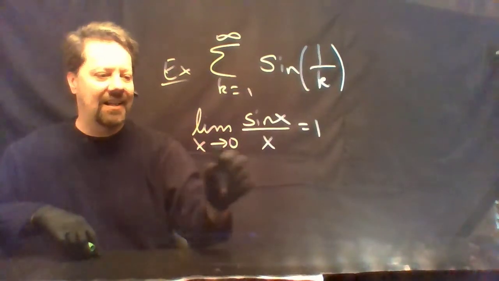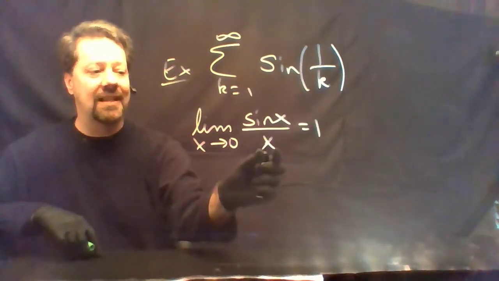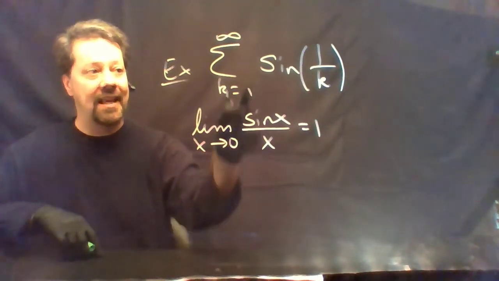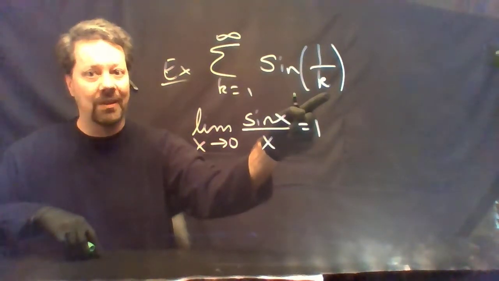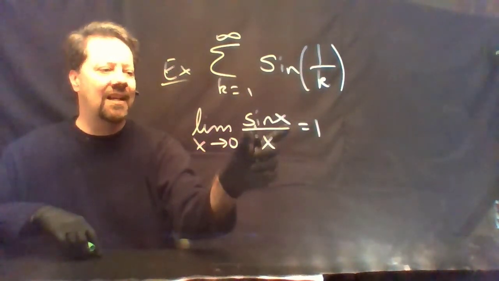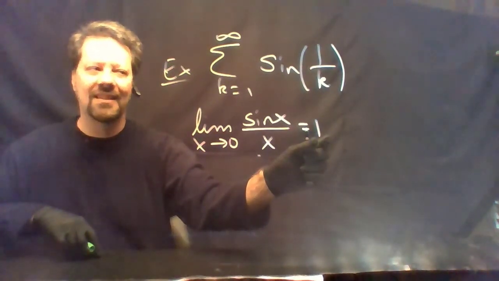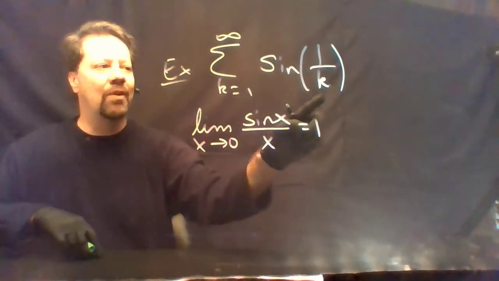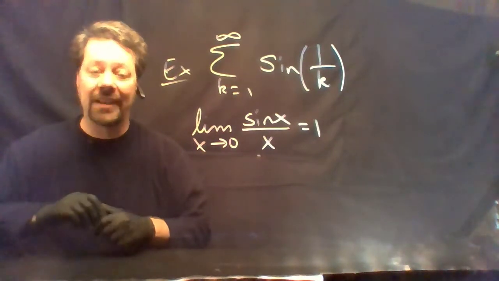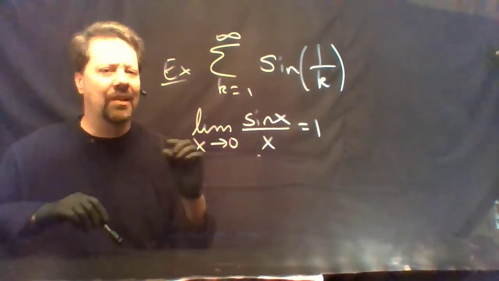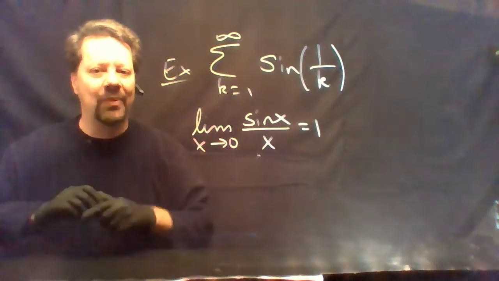That means as the argument of the sine function gets tiny, and as k gets big, 1 over k will get tiny, sine x and x will be very close to each other. That means the sine of 1 over k and 1 over k are going to be pretty close to each other as k gets really, really big.